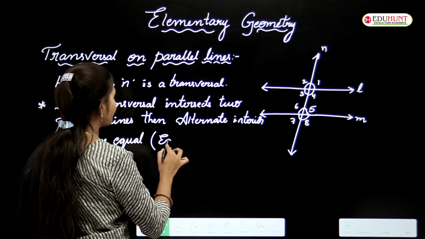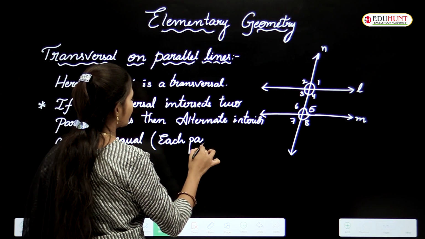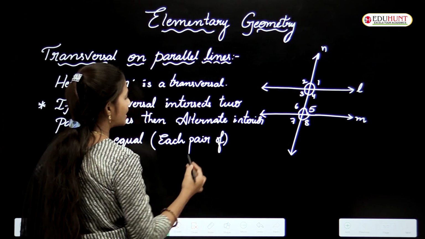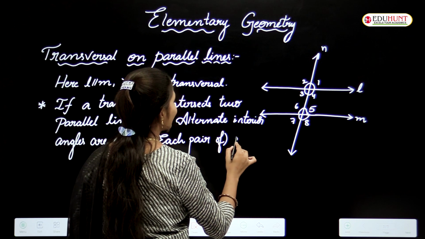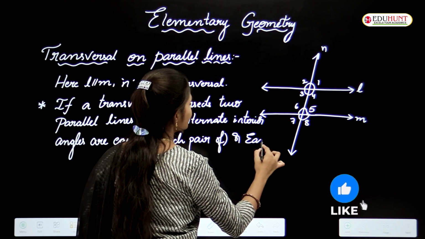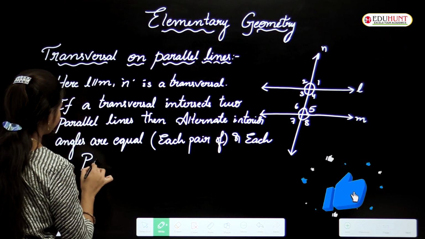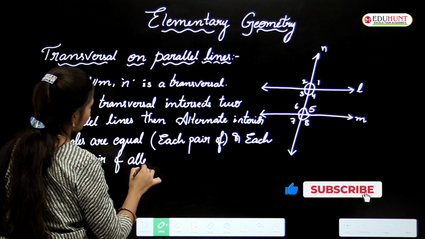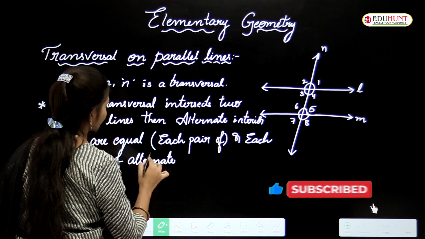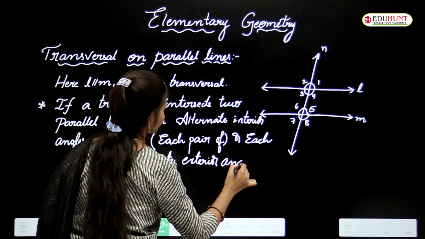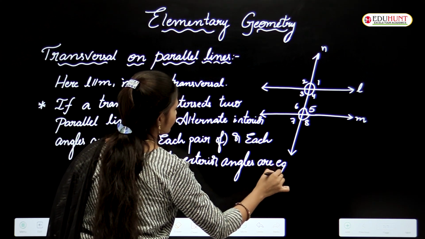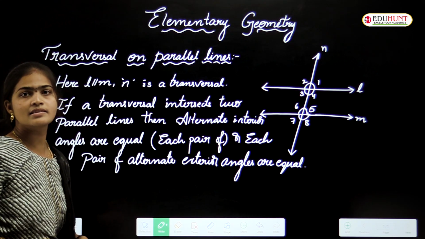Each pair of alternate interior angles are equal, or alternate exterior angles, which means each pair of alternate exterior angles are equal.